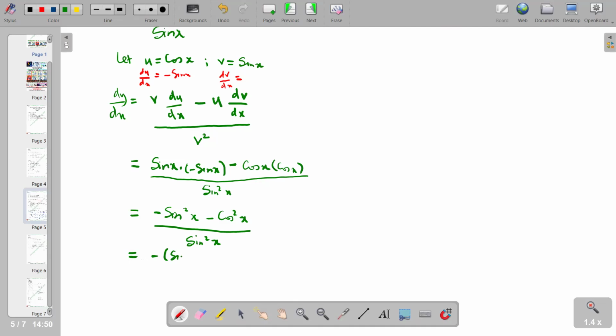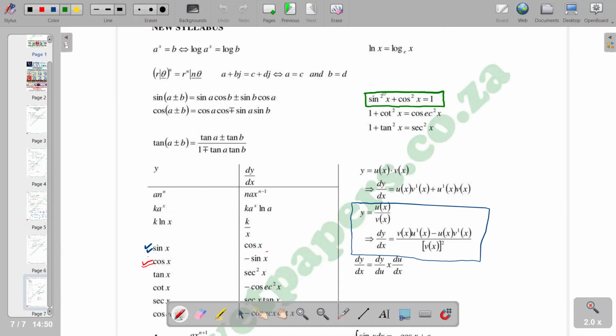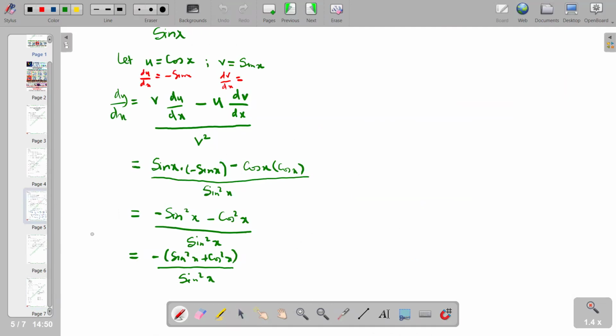Then we have sine squared x plus cos squared x all over sine squared x. If you check on the formula sheet, sine squared x plus cos squared x is 1.